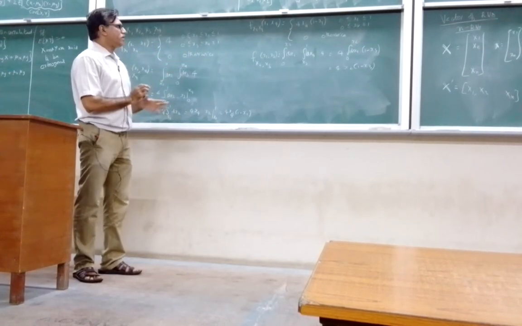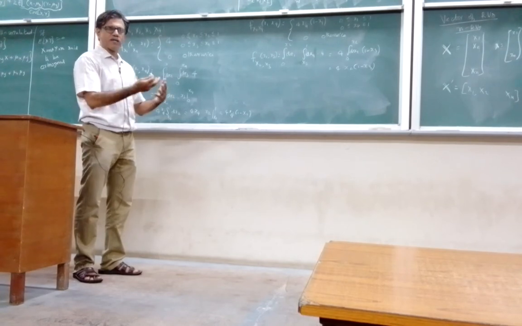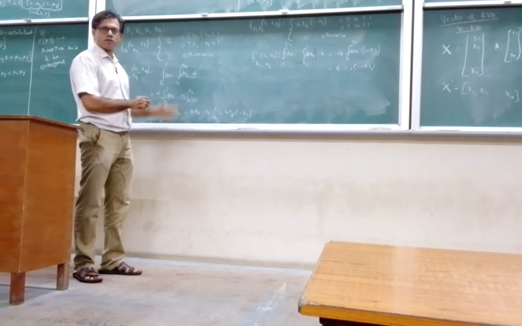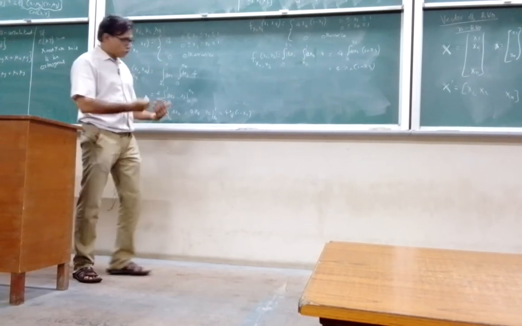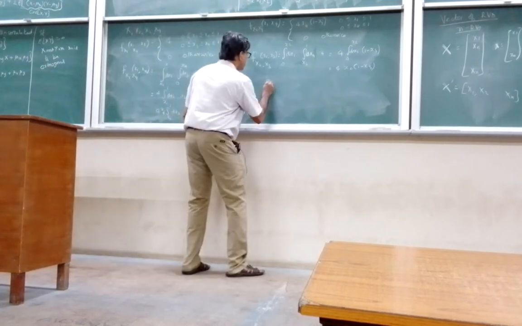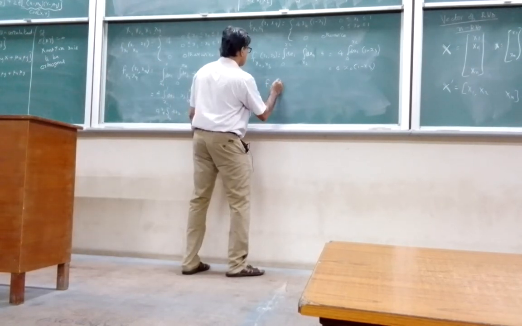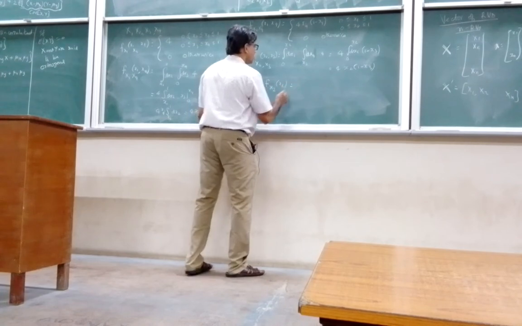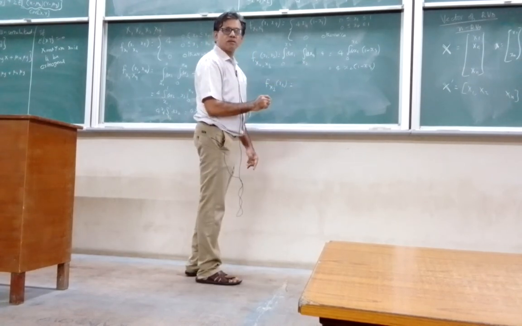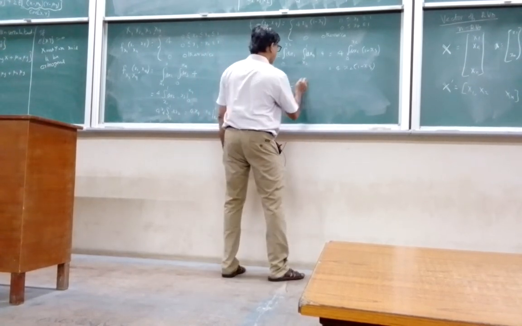So you can find the joint marginal density functions of any subset. If you want to find fx2 of x2, you have to integrate out x3. Okay.